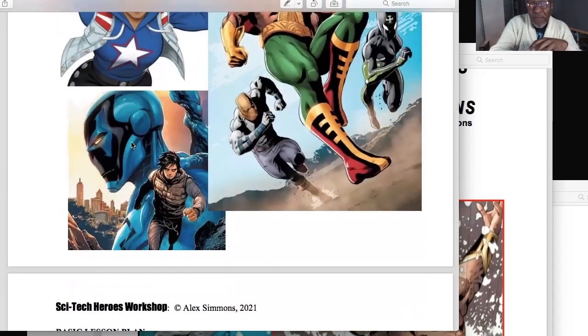And then we have here Blue Beetle, which is Jamie. And Jamie is, again, Hispanic and became the second Blue Beetle. There was a gentleman named Cord before him, but now we have Jamie, and his costume and his powers come from an alien symbiote, which is a creature that connects to another creature, and they become almost as one.